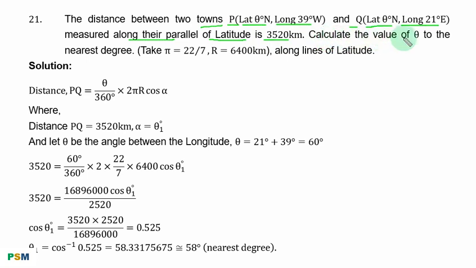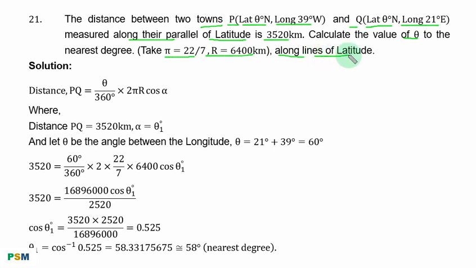Calculate the value of theta to the nearest degree. Take pi equal to 22/7, radius of the earth equal to 6,400 kilometers.